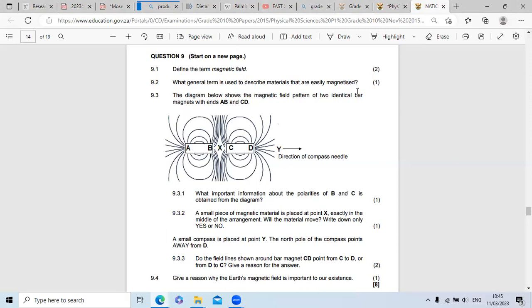So you know what, you can take out your notebook now and try to define magnetic field. Or do you have those notes that I gave you in class? Sorry, I don't have the notes.